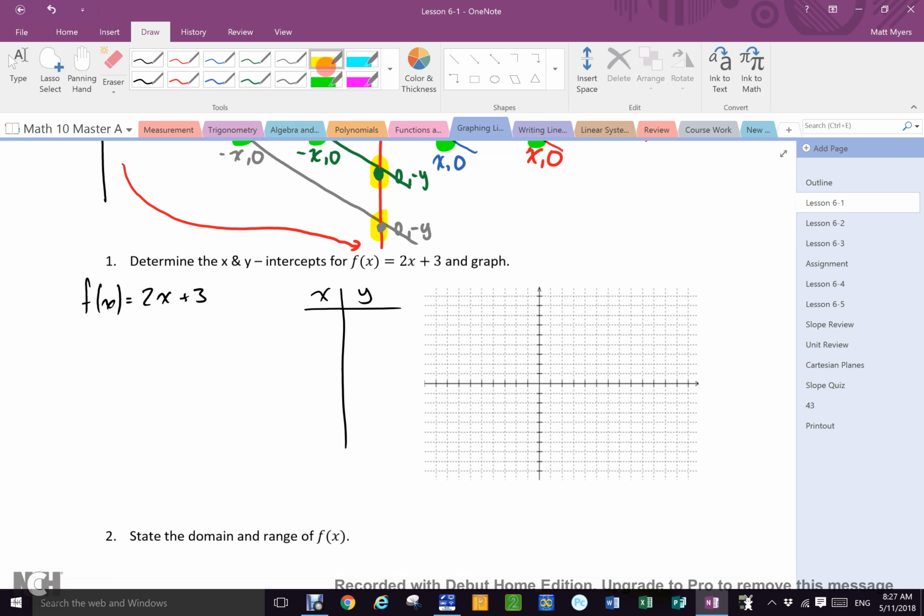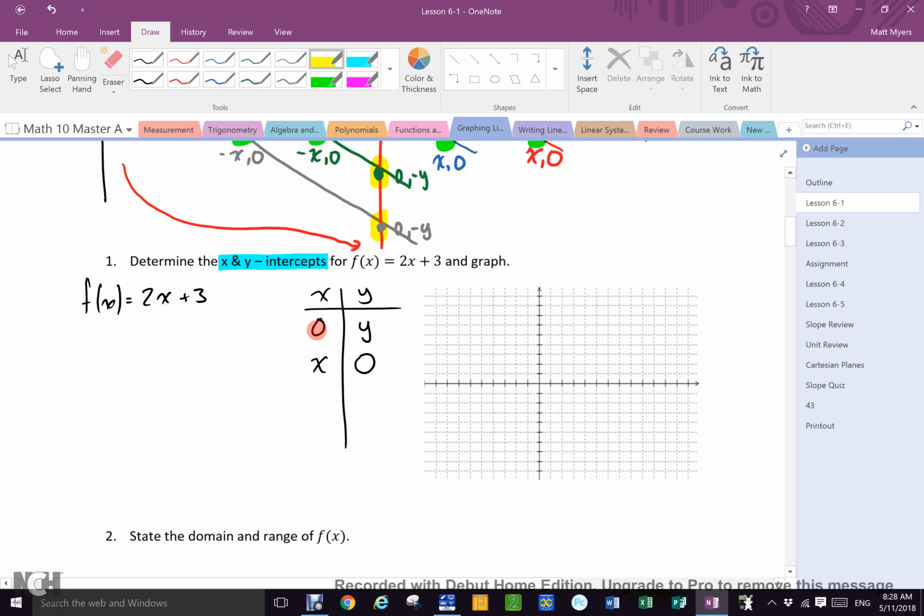Since I only care about the intercepts, what are the only values I need to put in here? 0. And what for y? If x is 0, what's the y value going to be? Y. And x and 0.